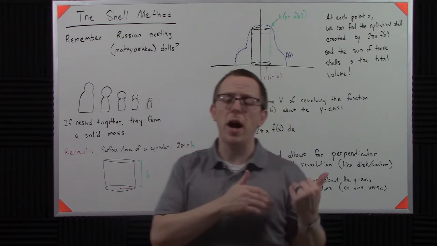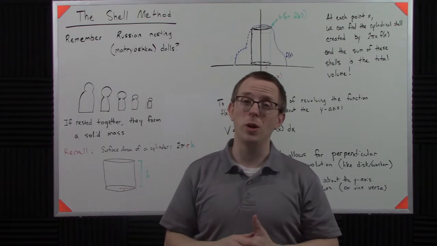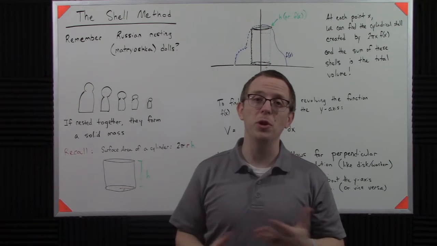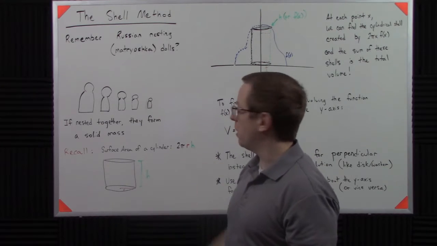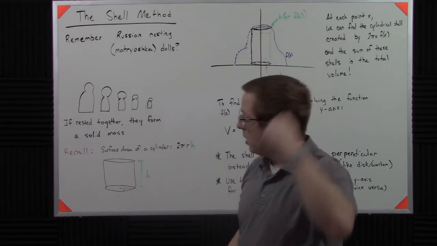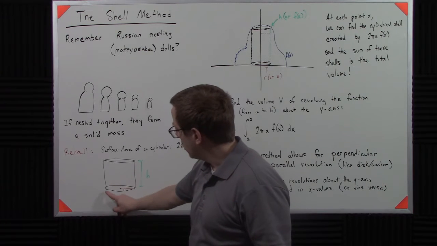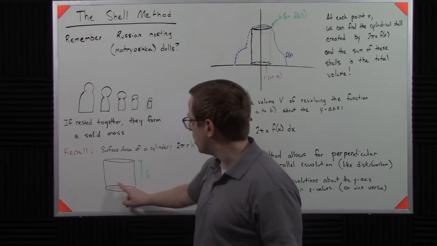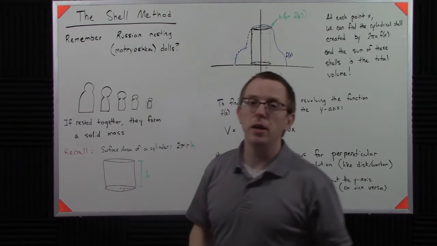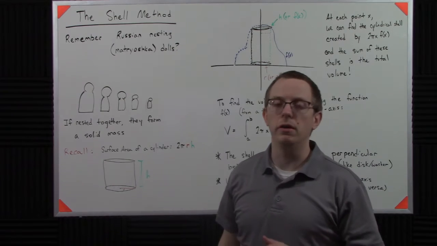Now if you go all the way back to your study of elementary geometry, maybe even to middle school geometry, you might have discussed this idea of a surface area of a cylinder. And that is the circumference of a circle, not the area, but the circumference of a circle multiplied by the height of the cylinder, right?